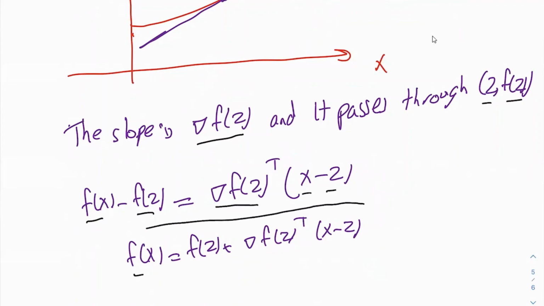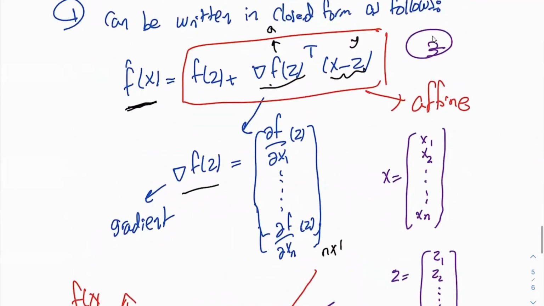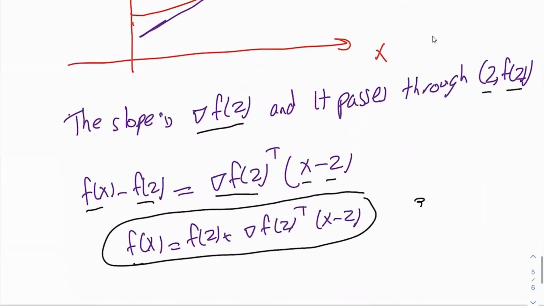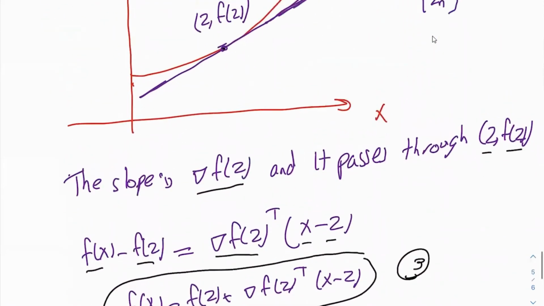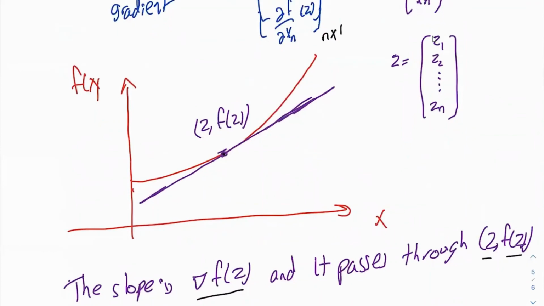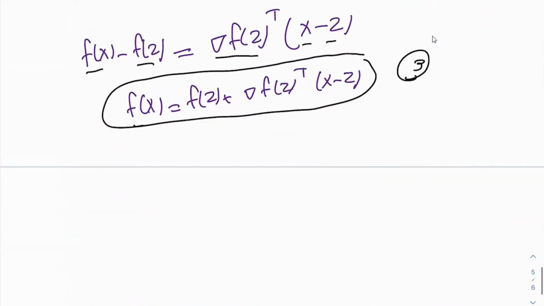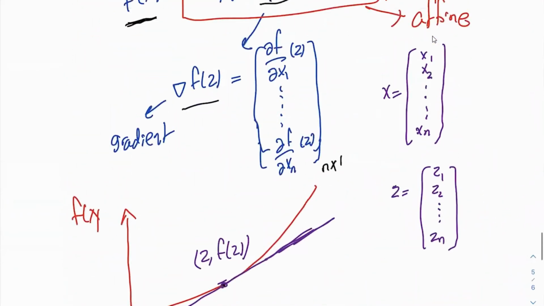It was the same expression we got above, right? So number 3 and number 2 are the same. Number 2, we got using the Taylor expansion. Number 3, we got using the diagram, using the graph. Okay, so that's what I have for linear versus affine functions.